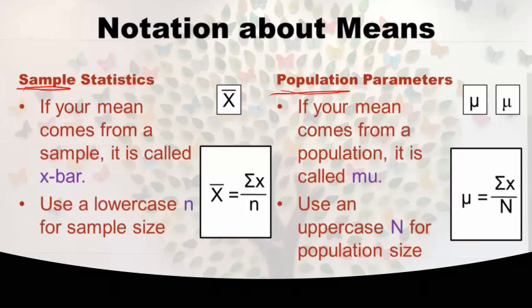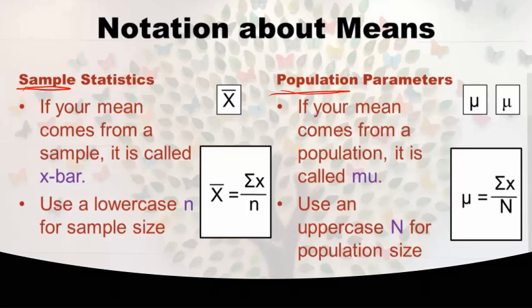Like, did whoever conducted this study do a population study? Did they take a census of the population, or did they use a sample? Depending on which side you went, you're going to be dealing with different symbols. And when you're trying to read through what other people have done in their studies and statistics, you might get confused if you don't understand the notation.